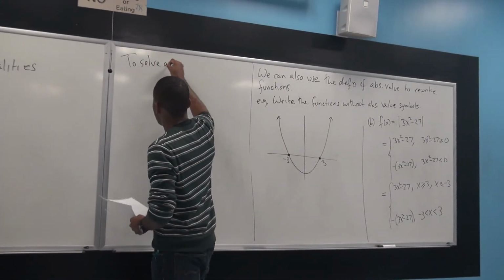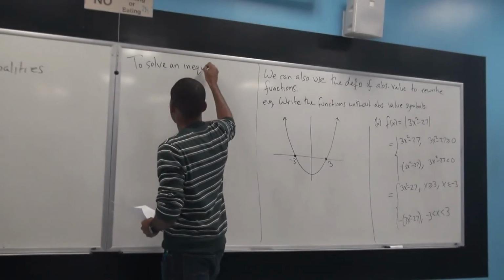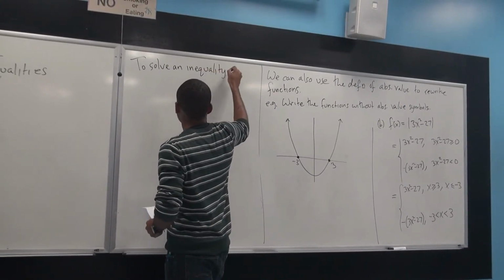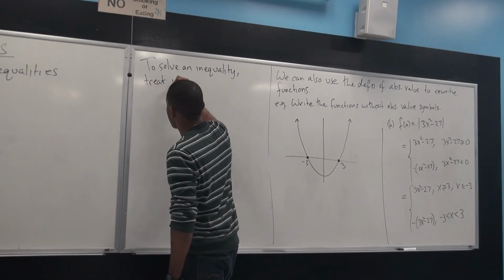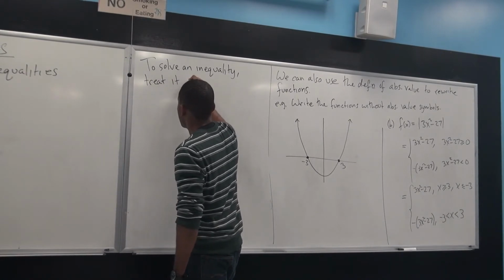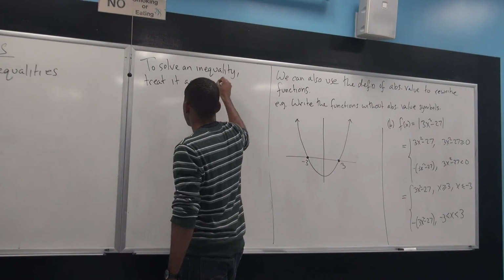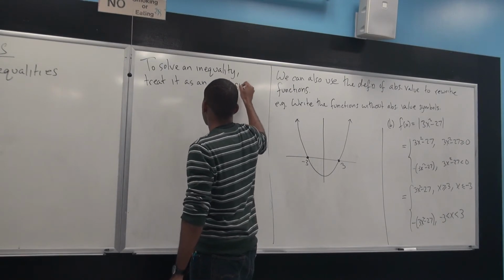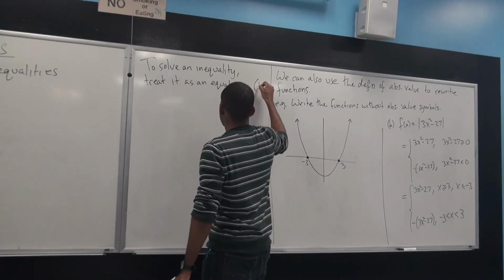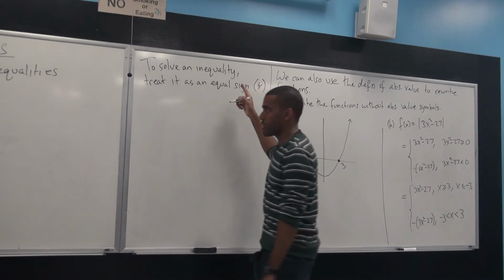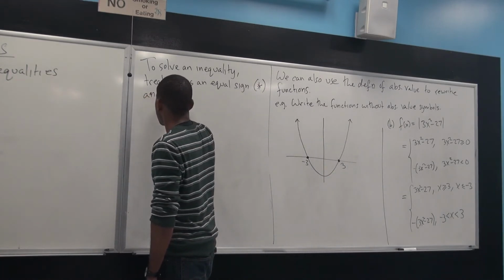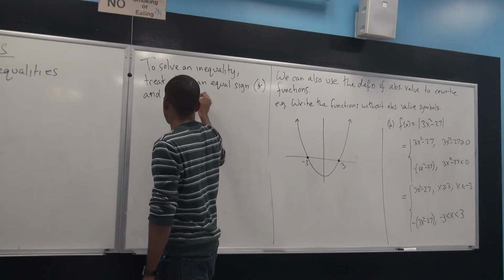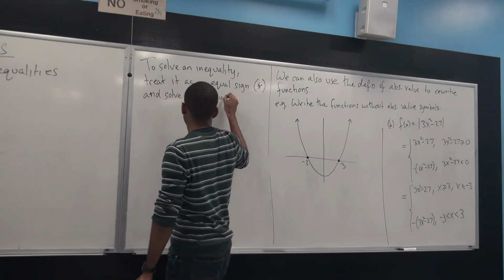To solve an inequality, treat it as an equal sign and solve as an equation. There are two caveats to this, so I'm going to mention those.